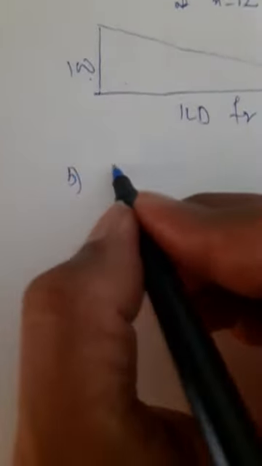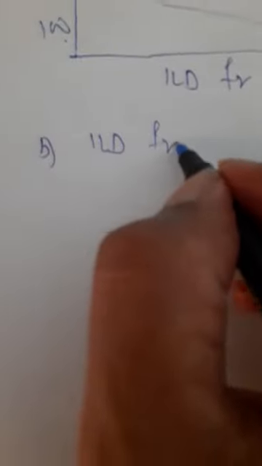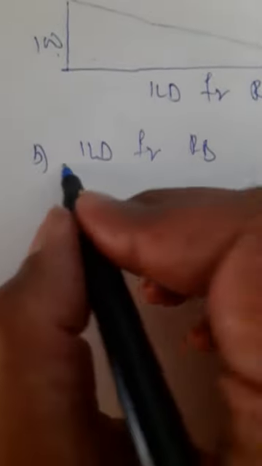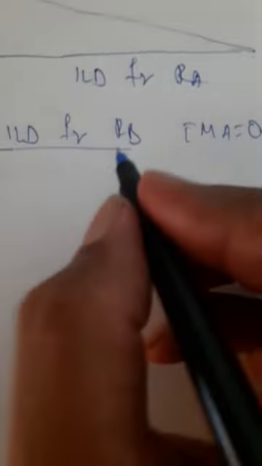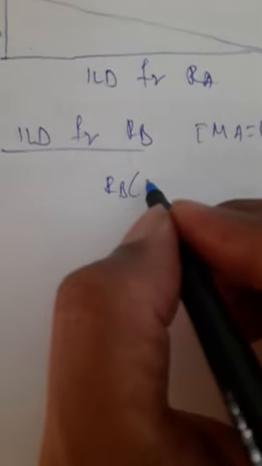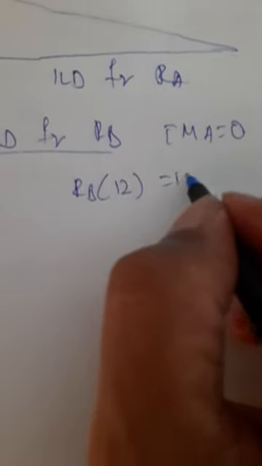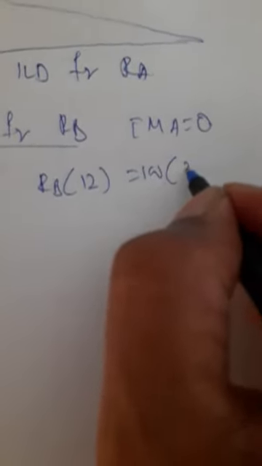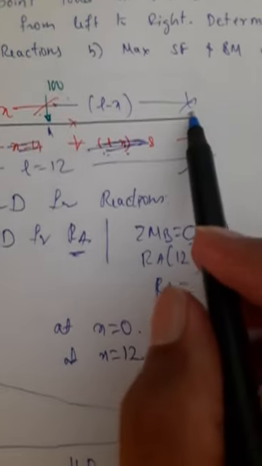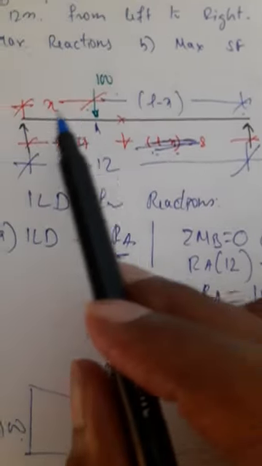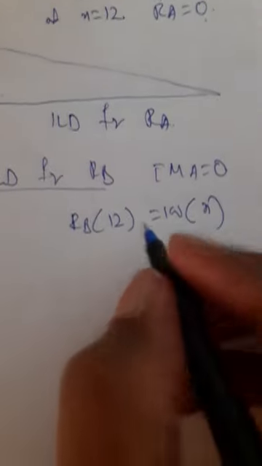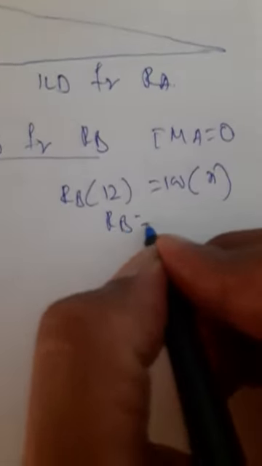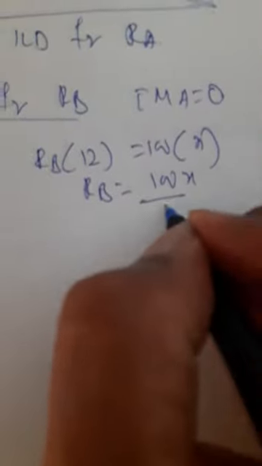Second, ILD for RB, reaction at B. For that, write summation of moments about A is equal to 0. So RB into 12 is equal to 100 into x. So RB is equal to 100x by 12.